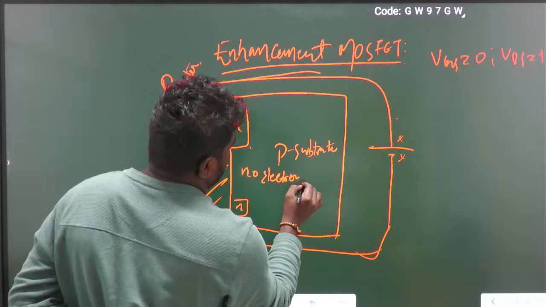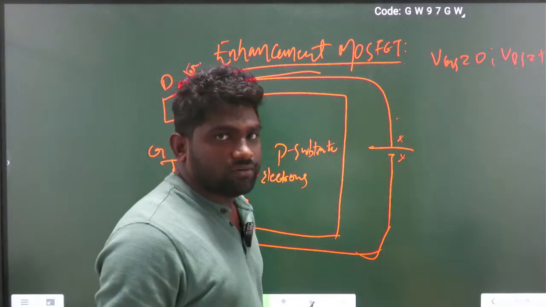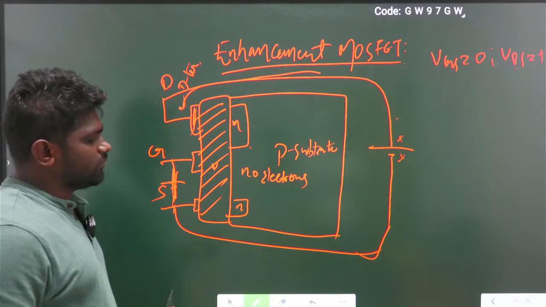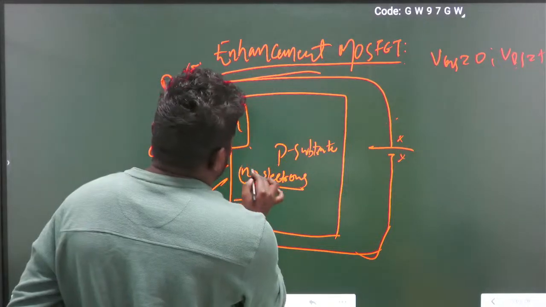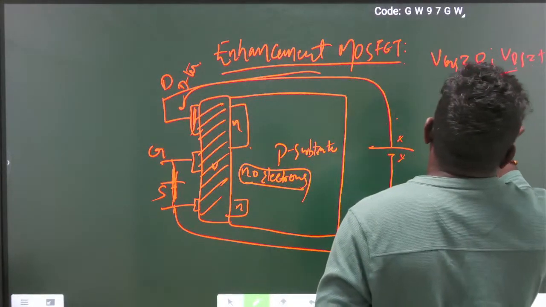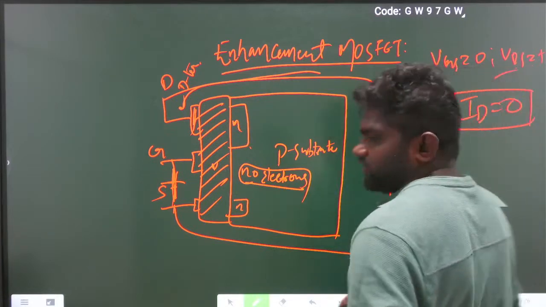This is the major difference between enhancement MOSFET and D-MOSFET. In D-MOSFET we have an N channel, in enhancement MOSFET we don't have any channel. So even if VDS is positive, drain current becomes 0 because there is no path for the flow of current.